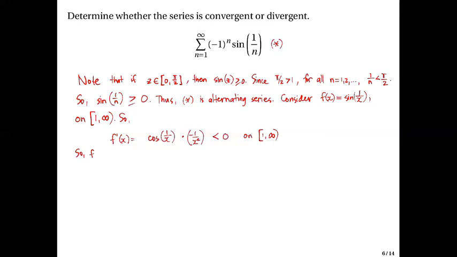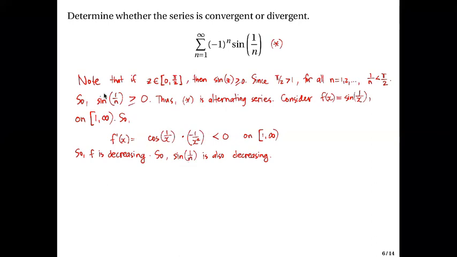Particularly, this sequence sine of 1 over n is also decreasing. So now we have positivity and we have monotonicity, the decreasing function here.